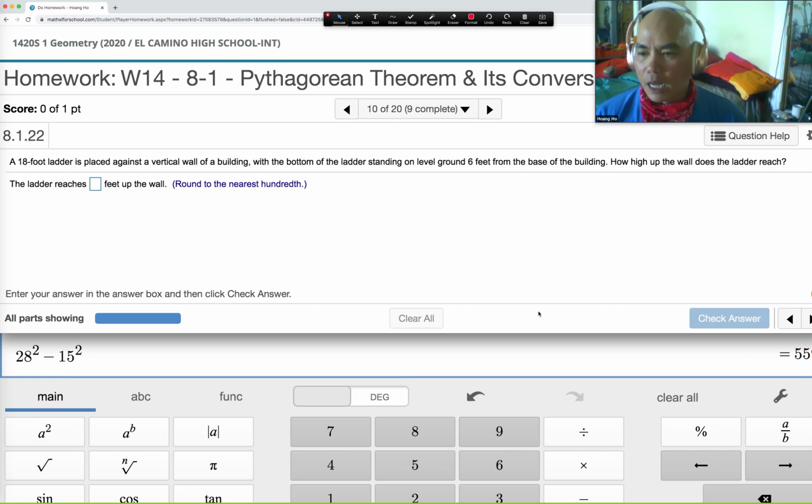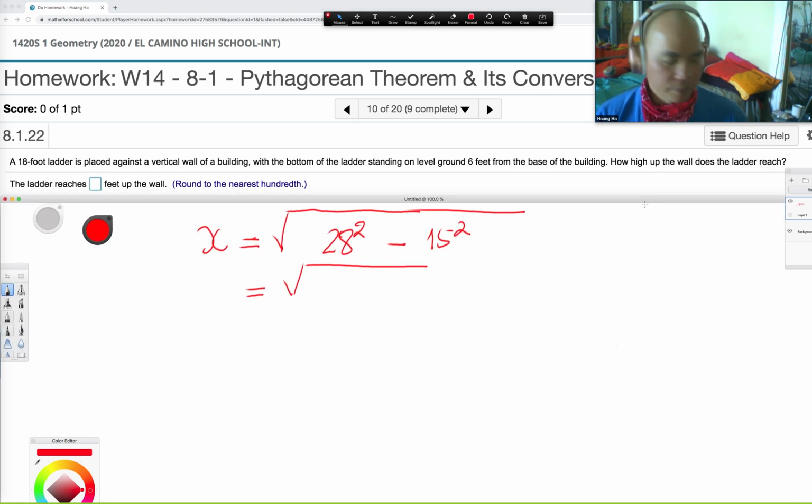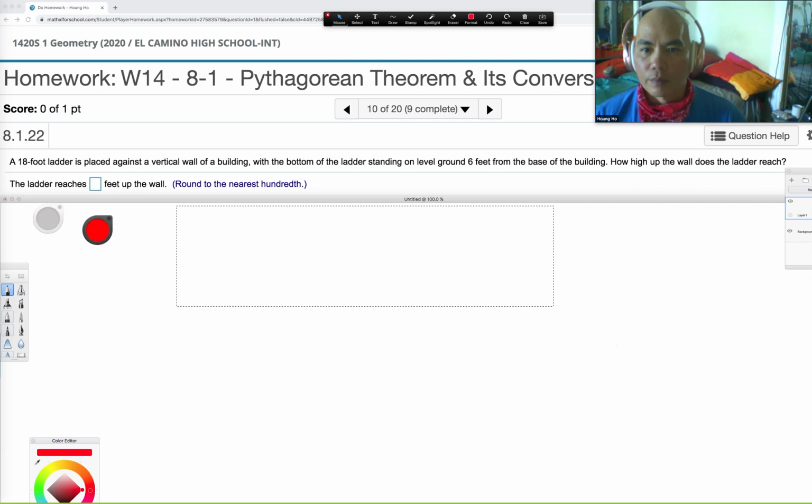Now you need to find, they give you an 18-foot ladder. So let me go to my sketchbook and let's sketch it out. Here we go. Okay, ladder, so it's leaning like that.